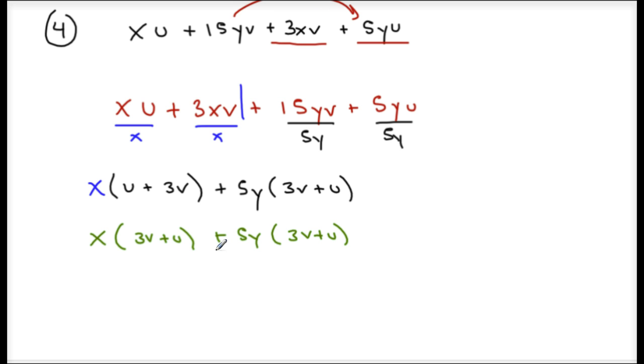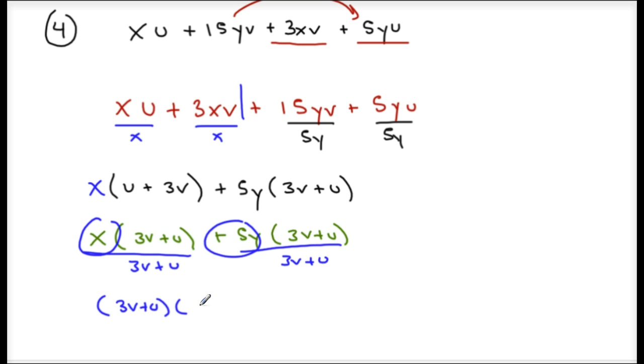Now, of these 2 terms, what can I factor out of both of these? Yep. 3v plus u. Good. I can factor out the quantity 3v plus u. Factoring out the quantity 3v plus u from both of these, I'm left with the quantity of x plus 5y.